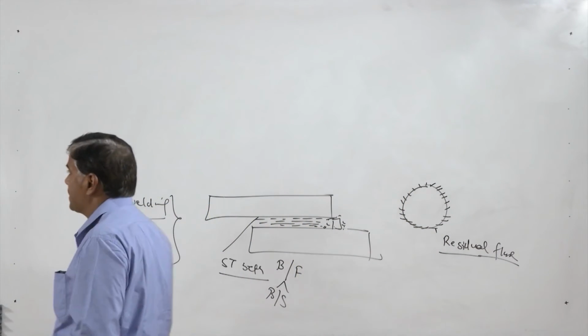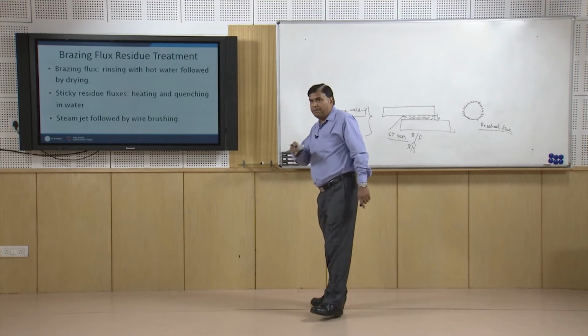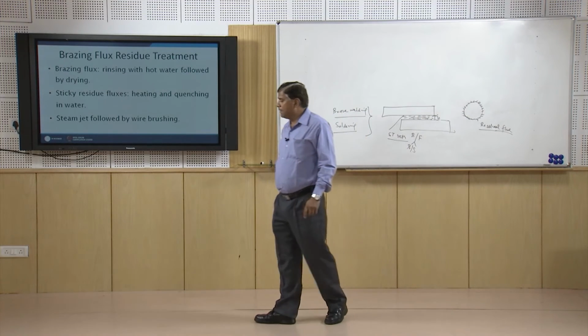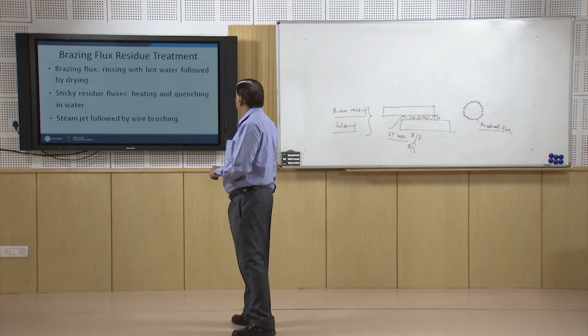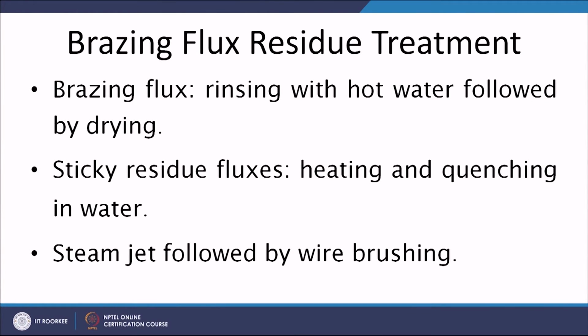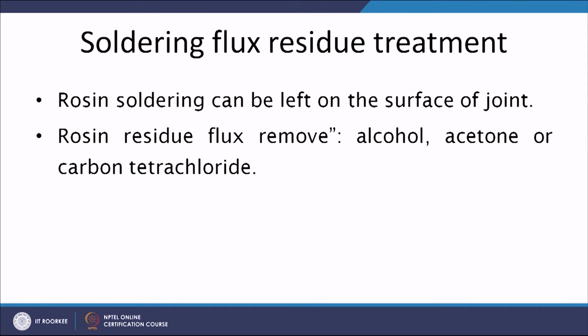Different methods are used for removal of the fluxes, like brazing fluxes are removed by rinsing with hot water followed by drying, and sticky residual fluxes are removed by thermal shock, like heating followed by water quenching, and a steam jet followed by wire brushing is also used for removing the soldering fluxes.